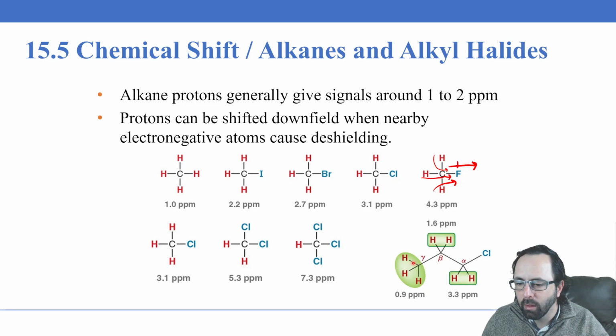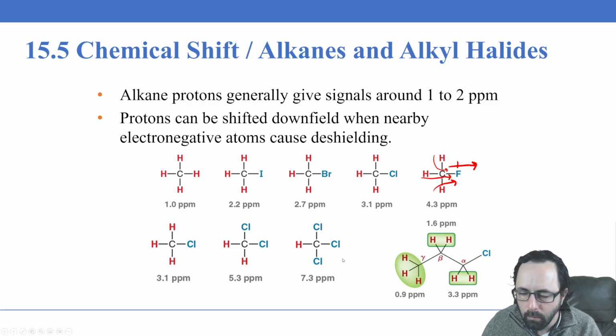Finally, once you get to the 3rd carbon away, the inductive effect is completely gone. And we can see that this behaves basically the same as a methyl group. It's a little bit lower due to the fact that there are extra carbon atoms here donating a little bit more electron density to shield the hydrogens a little bit more than when there's only 1 carbon atom.